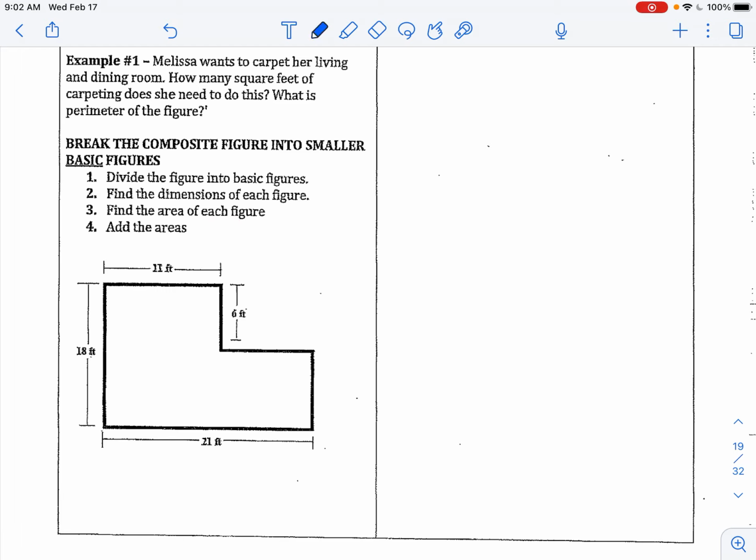So we can go ahead and, if I connect from this 18-foot side to this angle right here, now I have just two rectangles. And I will go ahead and find the area of each of these rectangles.